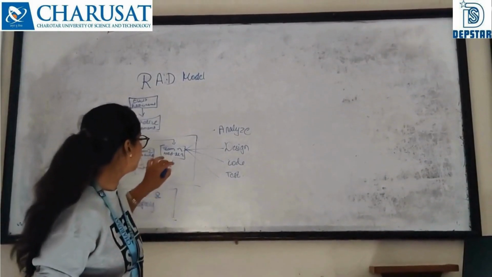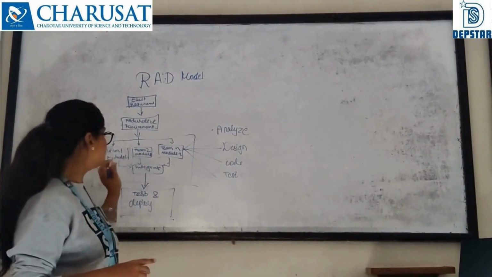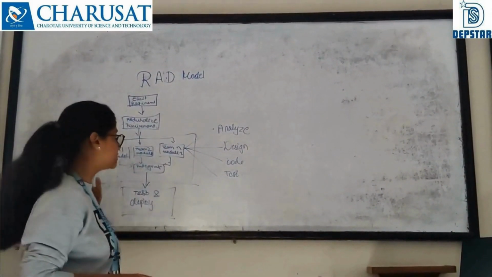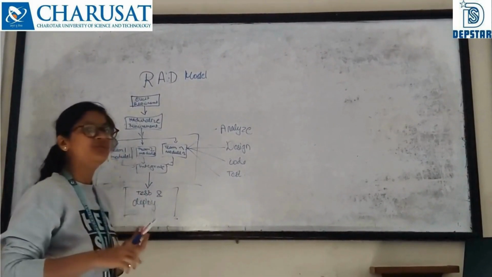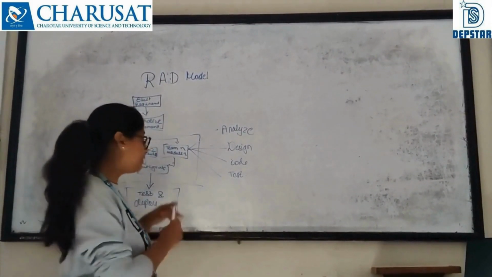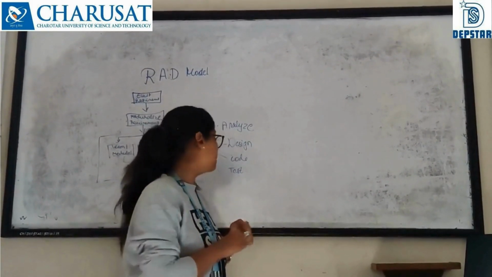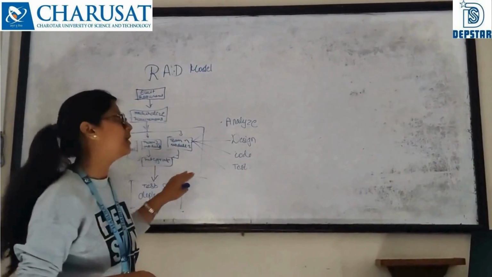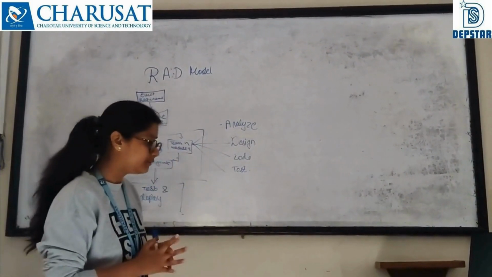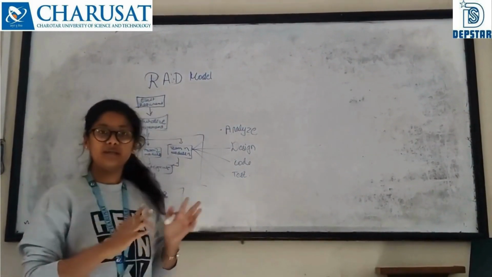So the teams in this construction phase use the powerful and automated tools to develop the module, and also as the teams are divided, it has a collaborative development environment.